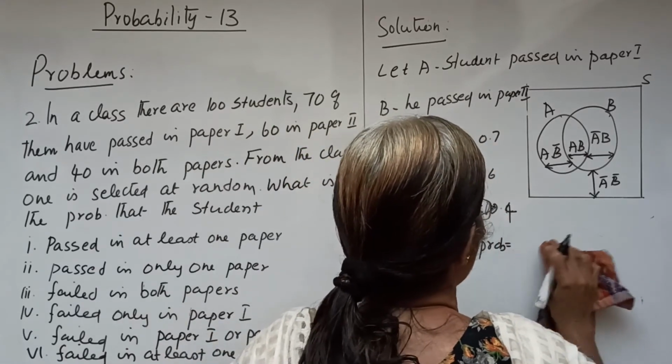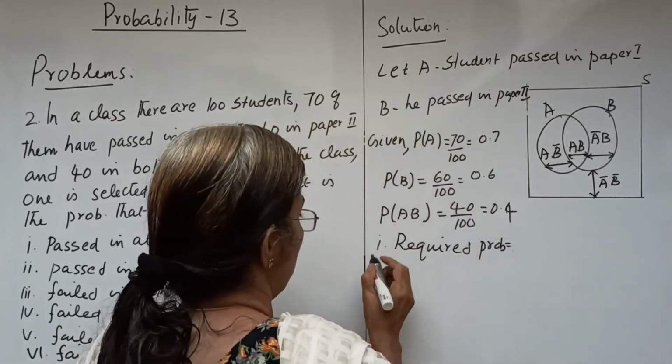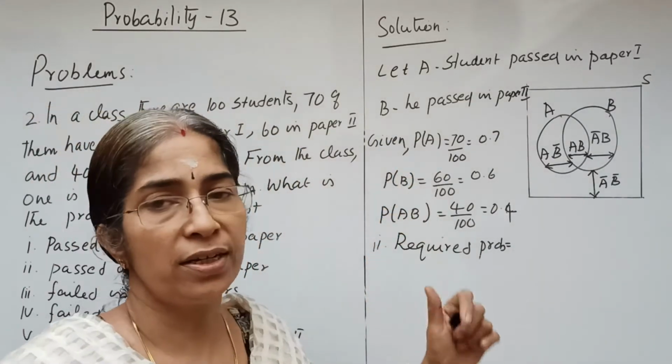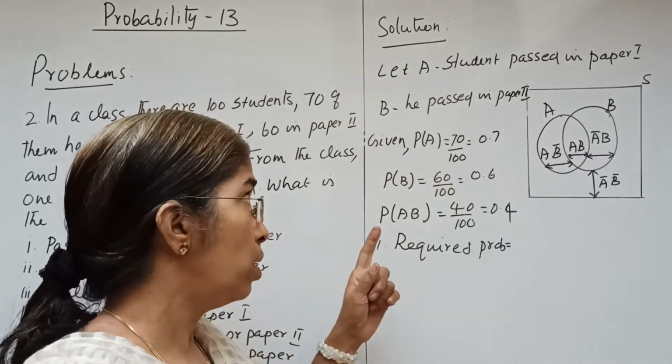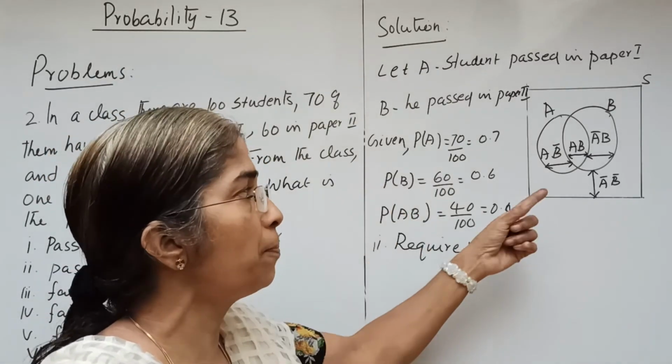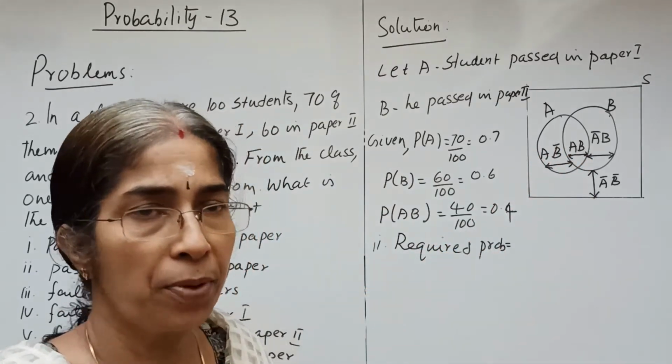Only one paper means that if he passed in paper 1, he failed in paper 2, or the other case may be he passed in paper 2 but failed in paper 1.